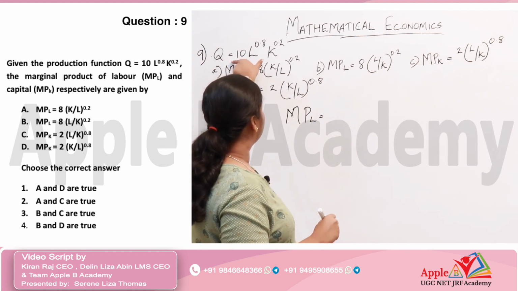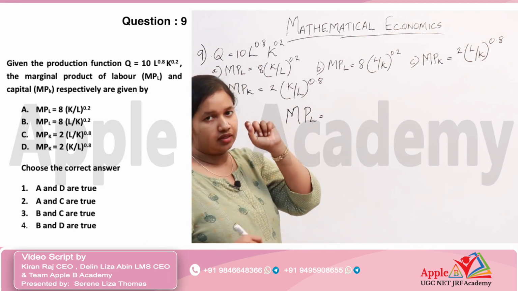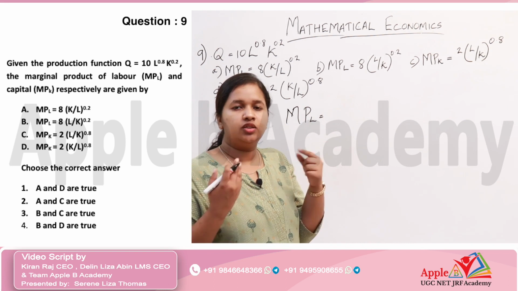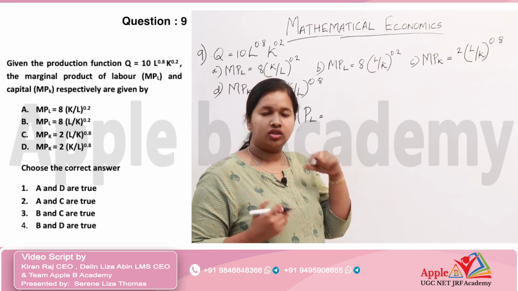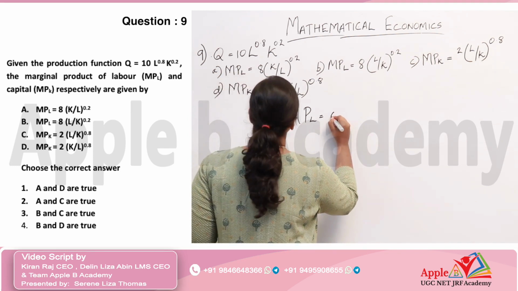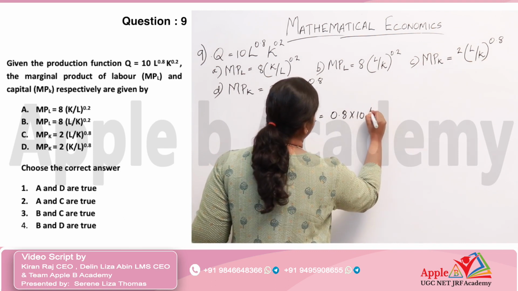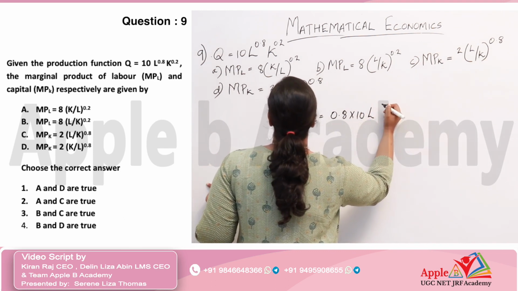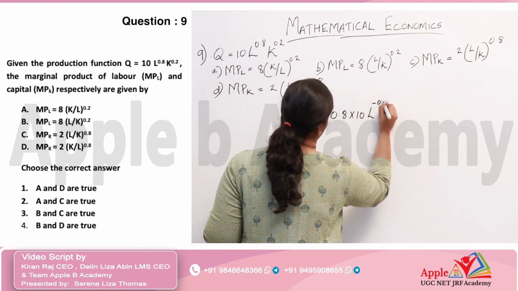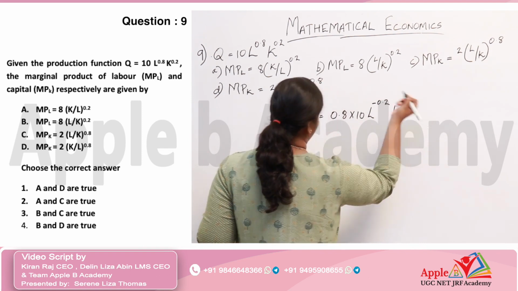We have the total production function, which is 10 L^0.8 K^0.2. In order to find the marginal productivity of labor, we need to partially differentiate this equation with respect to labor. That gives 0.8 times 10 L raised to 0.8 minus 1, which is L^-0.2, times K^0.2.